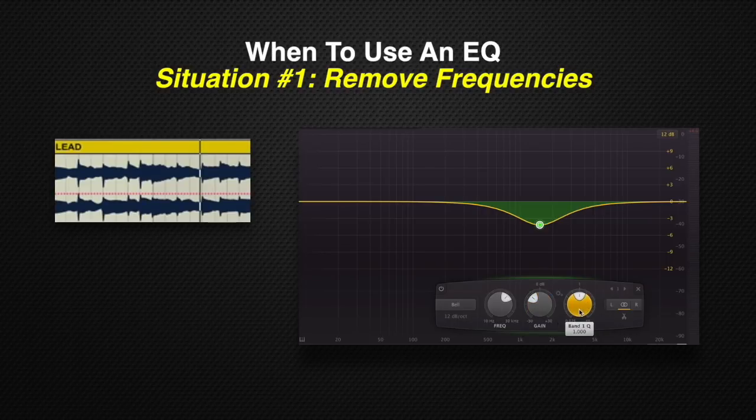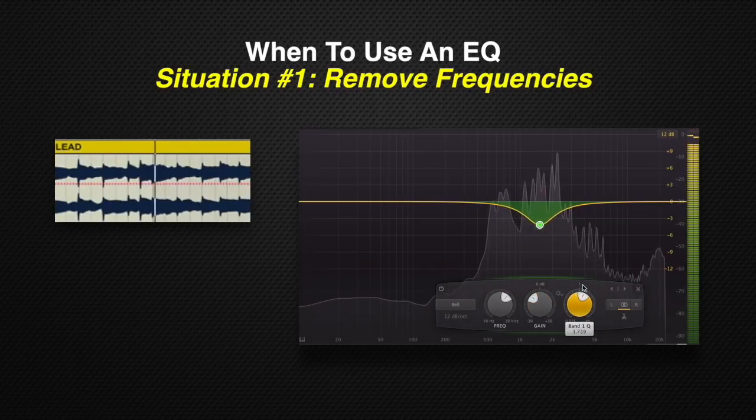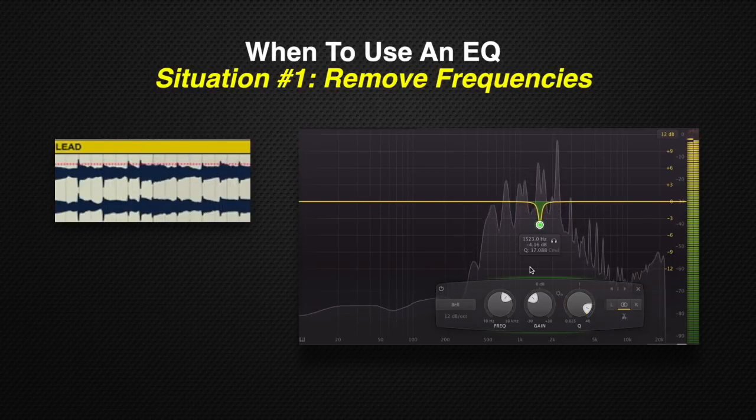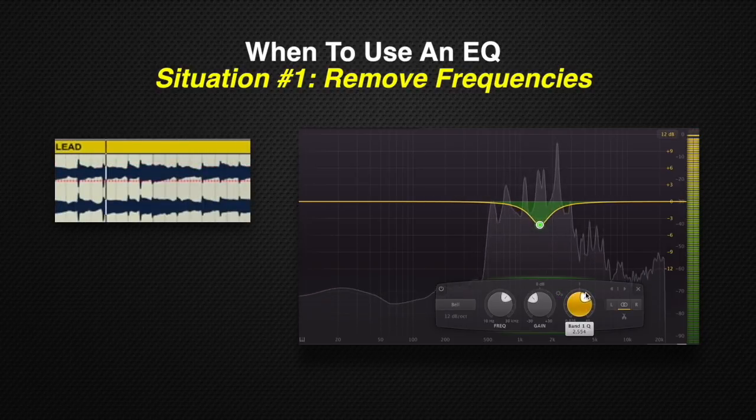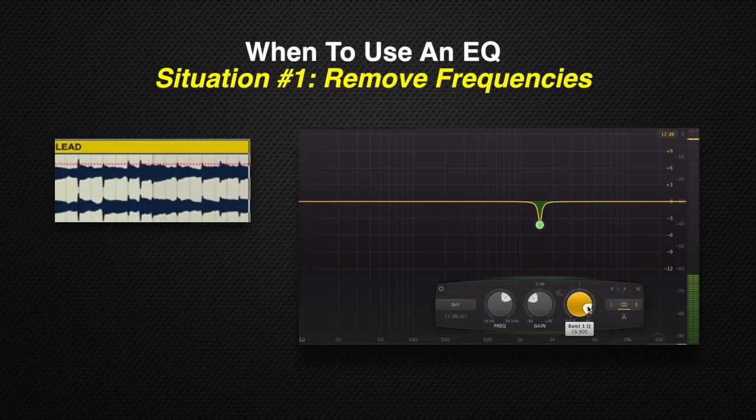So let's adjust the Q. So a Q of around 17 is where I hear the ringing lessen and the power of the lead bell sound still come through. So without the filter.